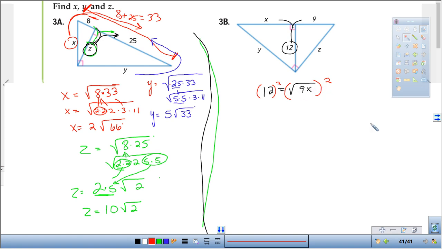I'll explain why real quick on the side. We'll go with 4 is equal to the square root of x. Okay, just humor me on this one real quick.